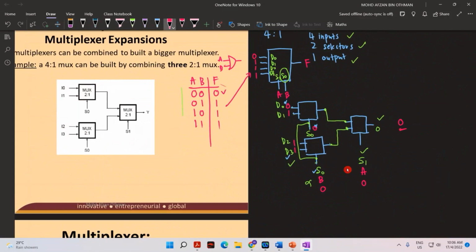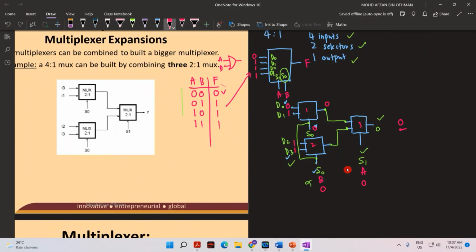Bila sini masuk 0, output yang kat sini akan datang daripada D0 ke D1? The first multiplexer ni. Bila masuk 0, output D0 ke D1? Mestilah daripada D0 lah, which is D0 is 0.